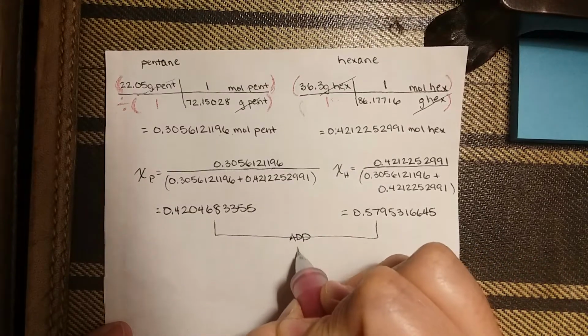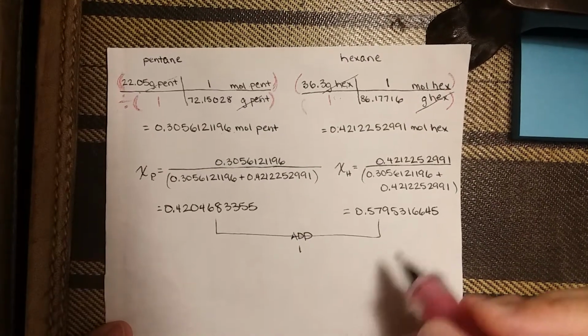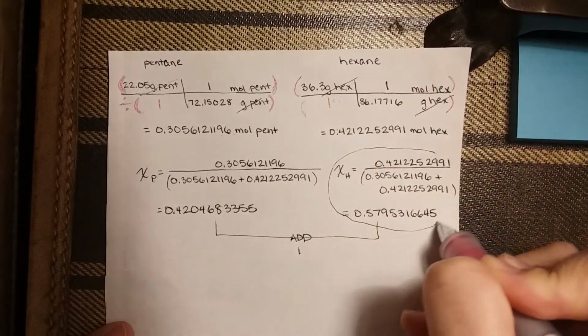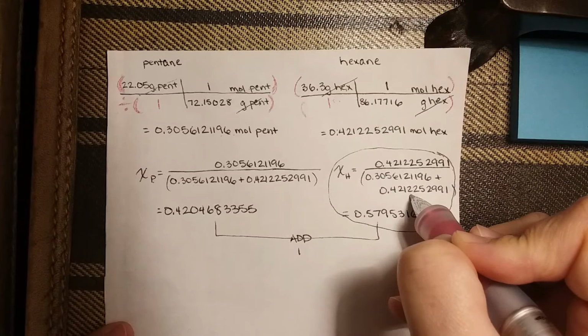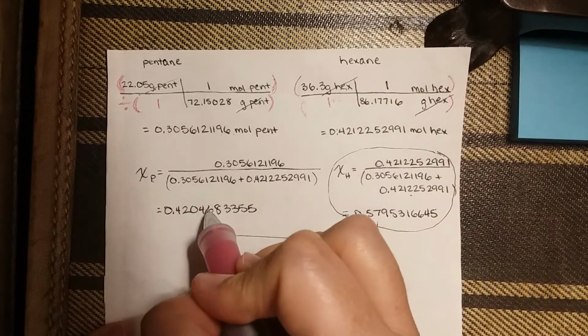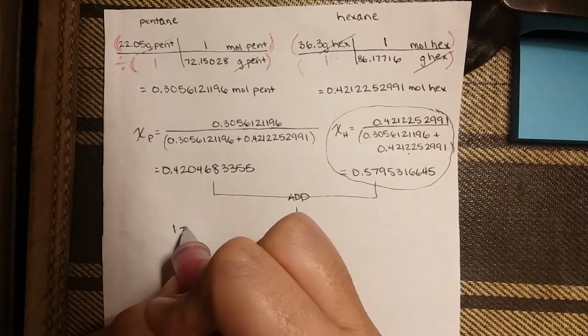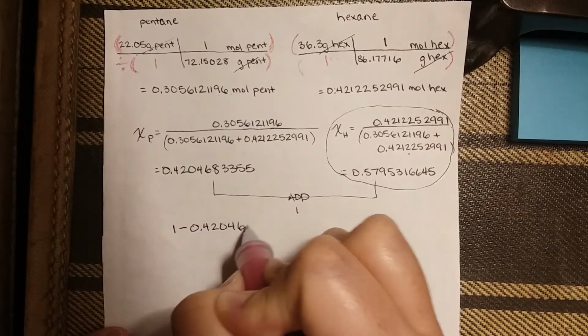Now I'd like you to notice that if you stick this number and this number into the calculator and you add them, it should give you 1. So what that means is, if you wanted to, instead of calculating this mole fraction of hexane, once you got your mole fraction of pentane, you could just say 1 minus my mole fraction of pentane.